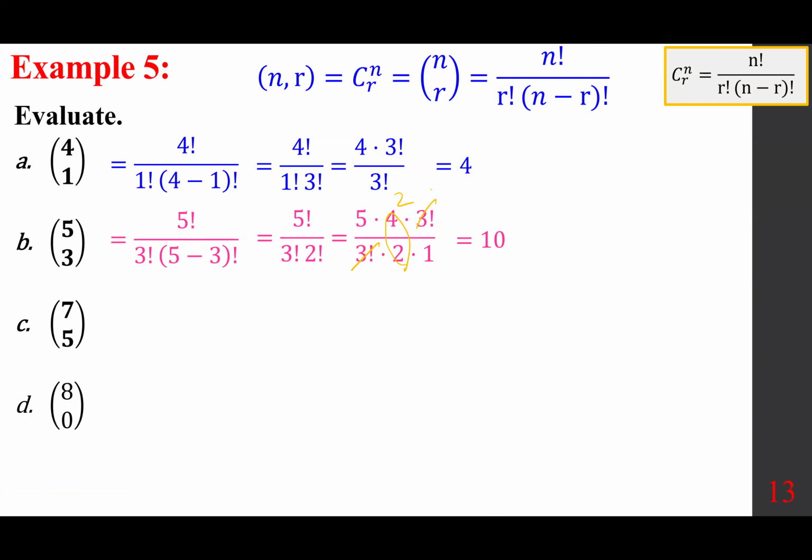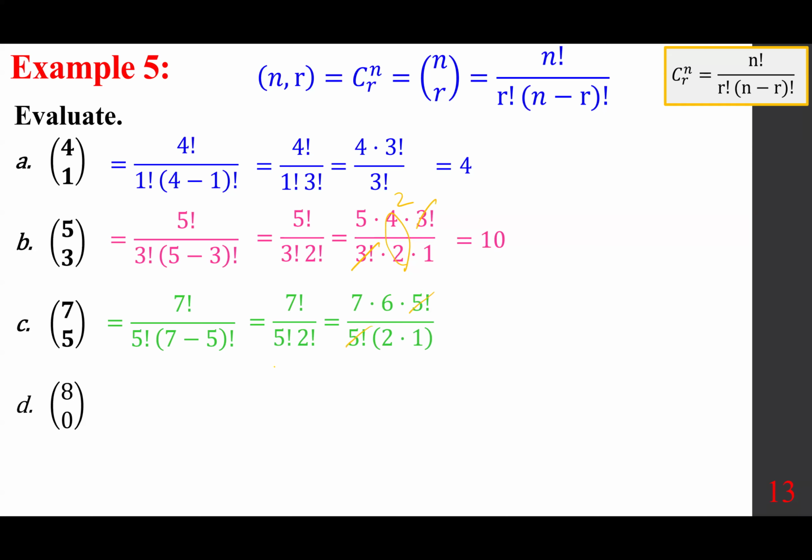Combination 7, 5: 7 factorial at top, 5 factorial times 7 minus 5, which is 2 factorial. Because the bottom has 5 factorial, we expand the top as 7 times 6 times 5 factorial. So these two can cancel each other.